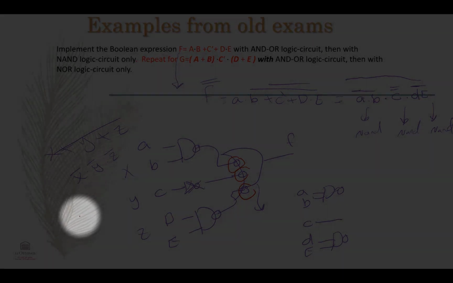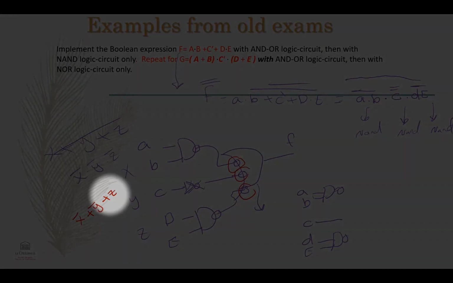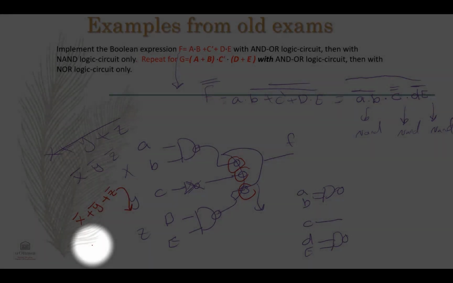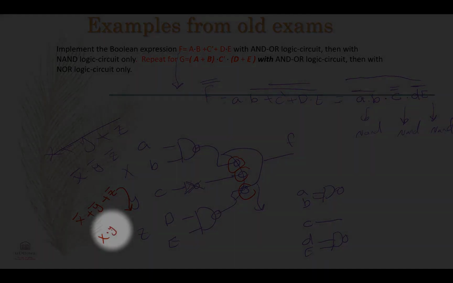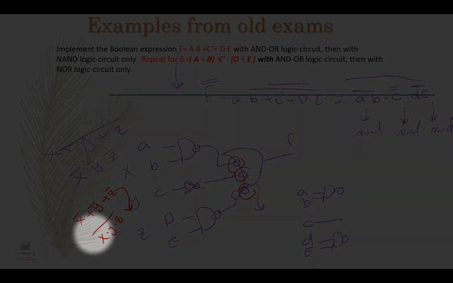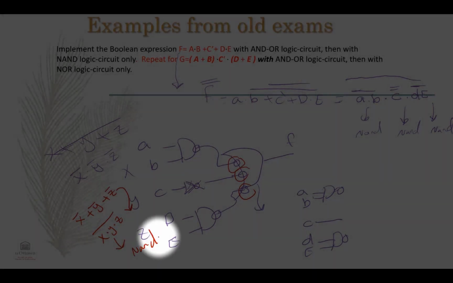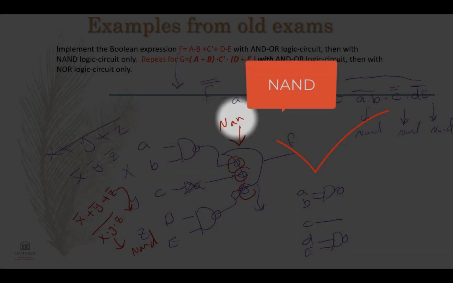So I have here X prime plus Y prime plus Z prime. This can be easily rewritten using DeMorgan by changing the operation: X multiplied by Y multiplied by Z, all of it complemented. So this is basically a NAND gate. Okay, so this gate can be replaced by a NAND.